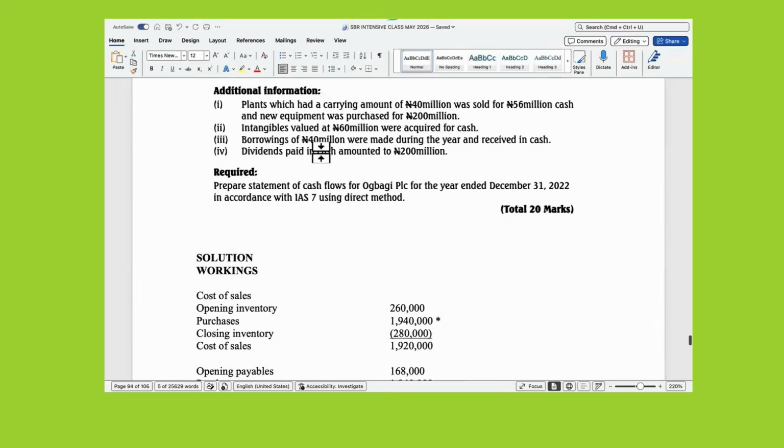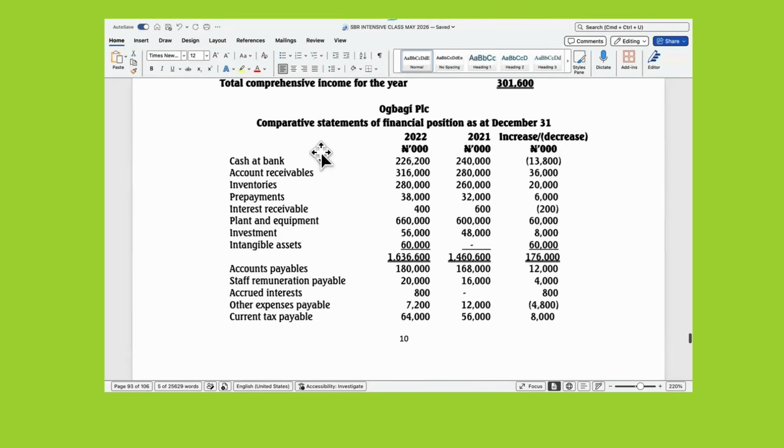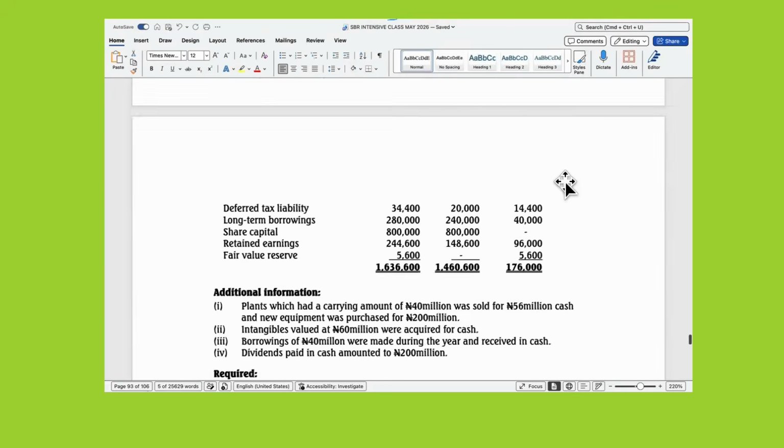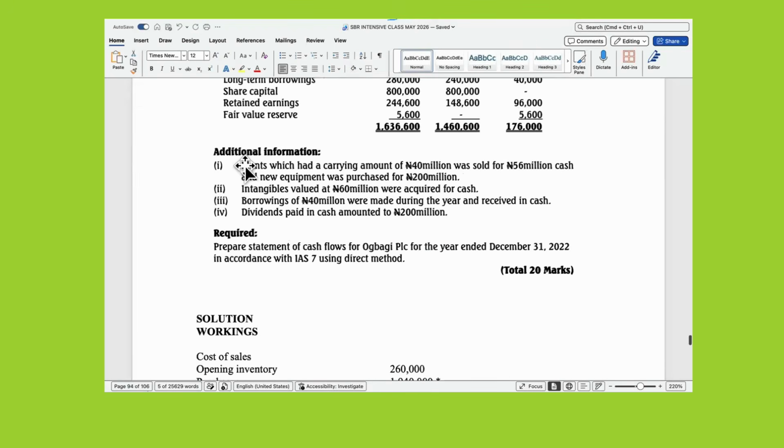Then the other ones for investing, I will deal with that under my plant, investment, and intangible assets. So my plants increased by 60, and perhaps they told me in the additional information that I sold a plant for 56 and I bought one for 40.